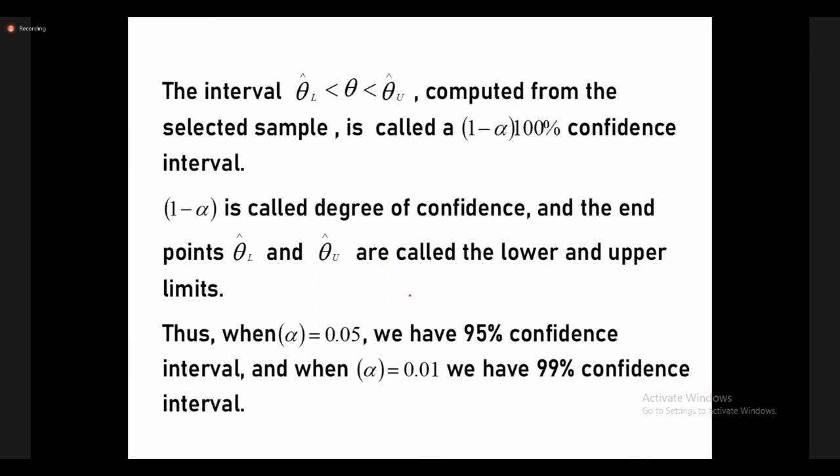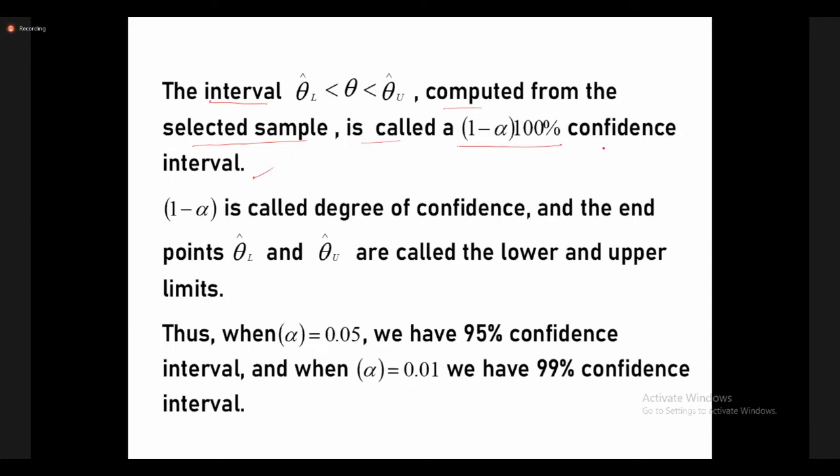See here, the interval theta L cap less than theta less than theta U cap, computed from the selected sample, is called the 1 minus alpha into 100% confidence interval.